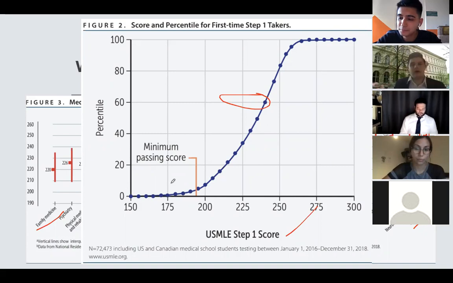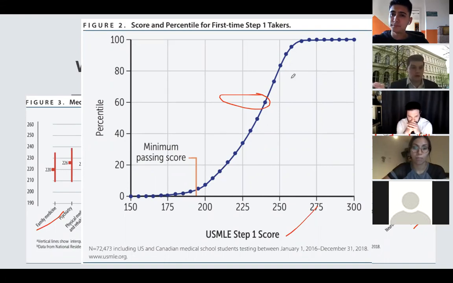If I may also add on top of that, guys, again, Step 1 is going to become pass or fail in 2022. But two things that you need to remember: even if you apply after that date, if you took the exam before that date, your numerical score will be displayed on your application.